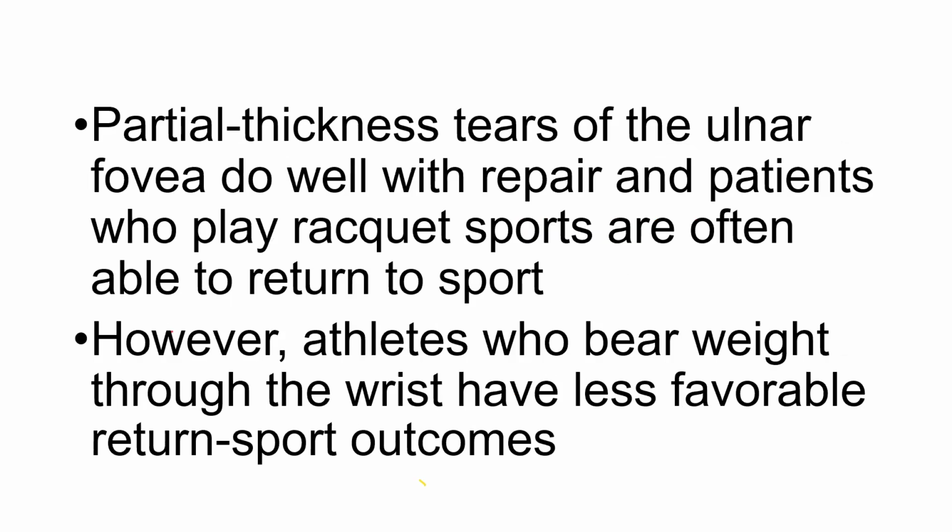Partial thickness tears of the ulnar fovea do well with repair, and patients who play racket sports are often able to return to sport. However, athletes who bear weight throughout the wrist have less favorable return sport outcomes.